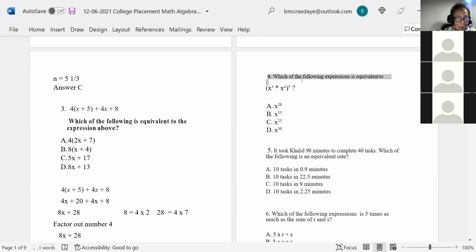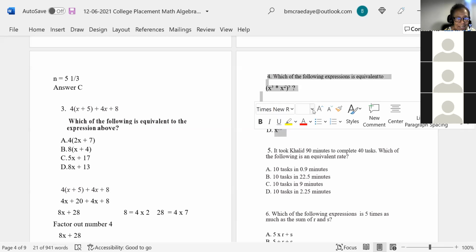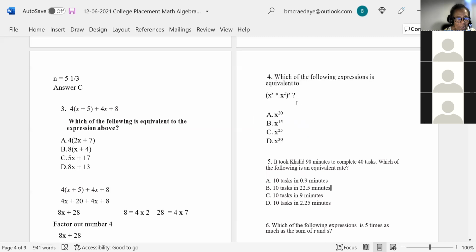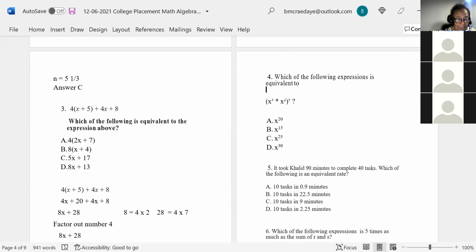Okay, number 4. Somebody give me an answer. I'm not seeing it. Which are equivalent here? Okay, that's x to the 3rd times x to the 2nd, raised to the 5th power.